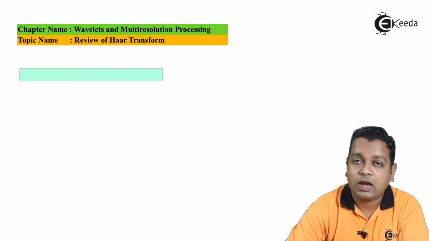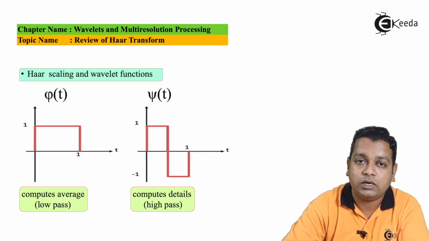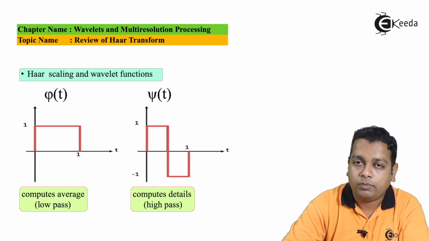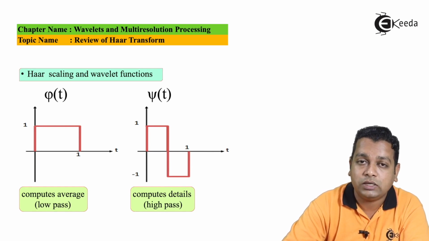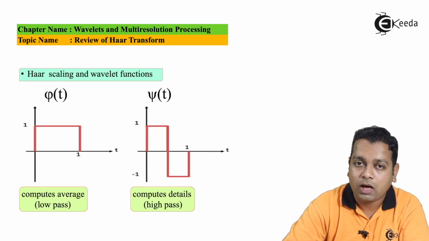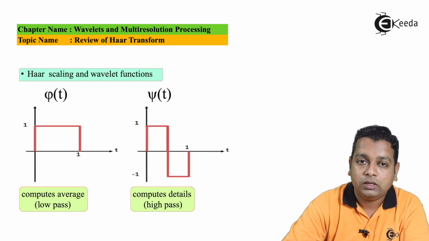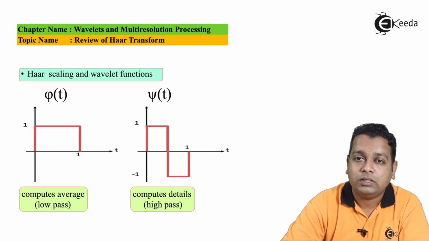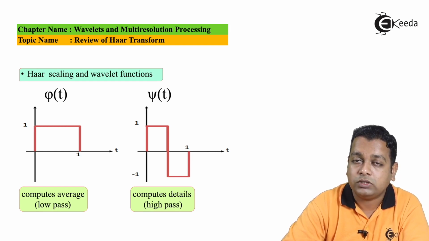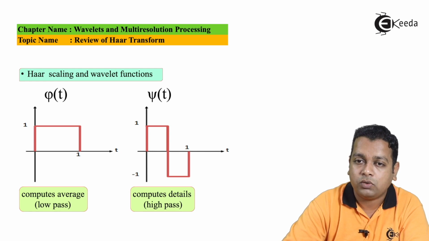Here the Haar scaling and wavelet functions we can denote separately by phi of t and psi of t. Phi of t represents always the scaling function, the wavelet function by psi of t. So for the Haar case, the scaling function extends from 0 to 1, having the complete amplitude of 1, whereas the wavelet function for 0 to 0.5 has the amplitude plus 1, and from 0.5 to 1 has the amplitude minus 1.